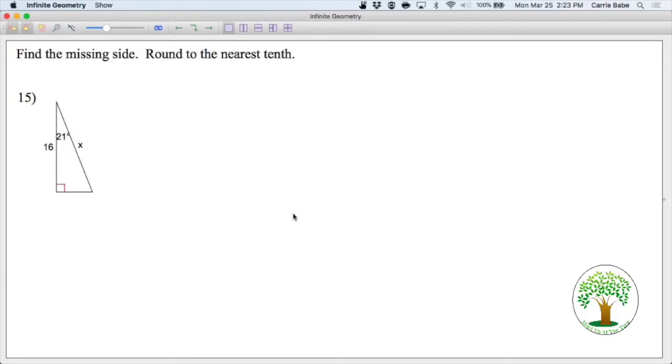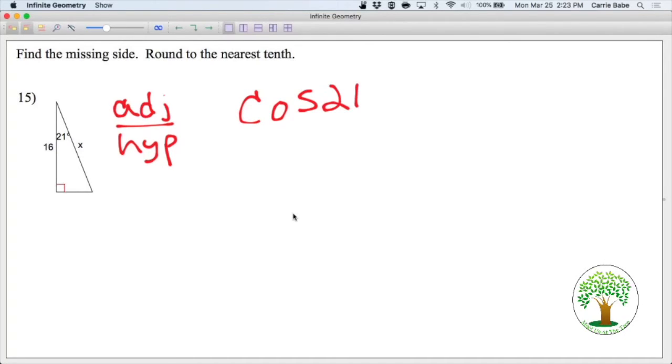All right, is this sine, cosine, or tangent? We have the adjacent, and that's the hypotenuse. Adjacent and hypotenuse is cosine. So cosine of 21 equals what over what? 16 over x. Uh-oh, the x is on the bottom. How does that help?